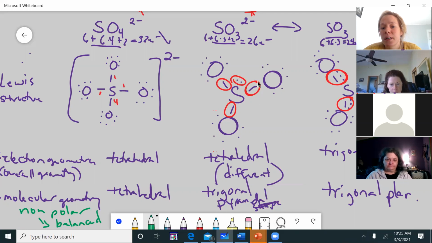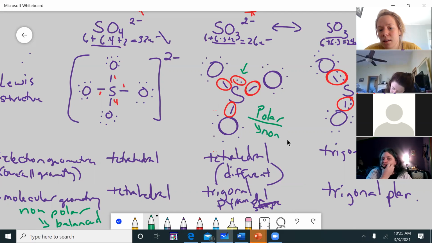What about this second one here? Polar or non-polar? Well, do we see any lone pairs on the central atom? Yeah, right here. One of our ropes doesn't have a partner, so it's imbalanced. So we're going to go with this thing being polar. So for polar, think of it as being non-balanced.